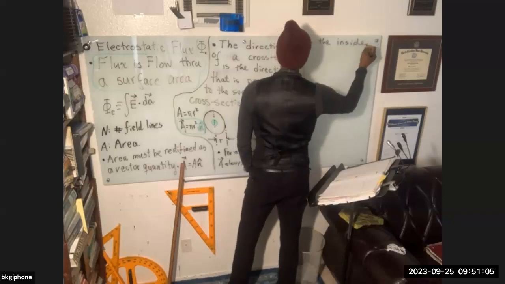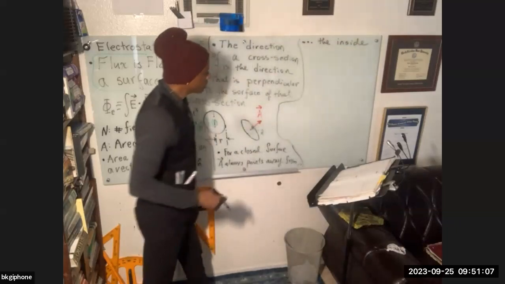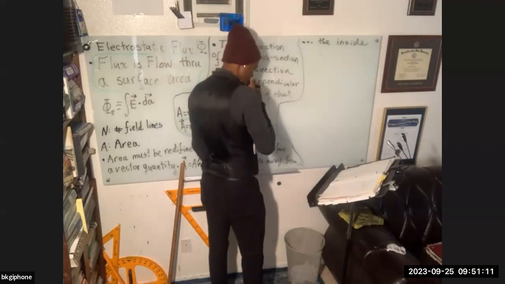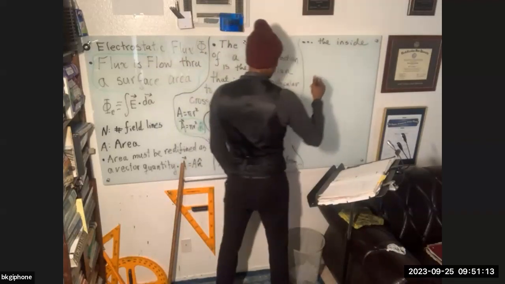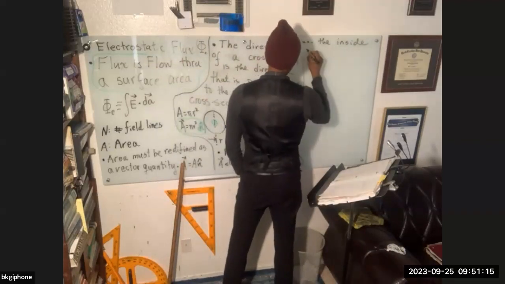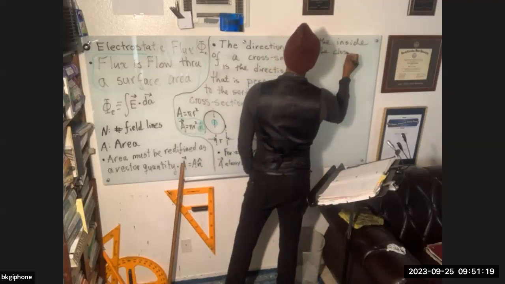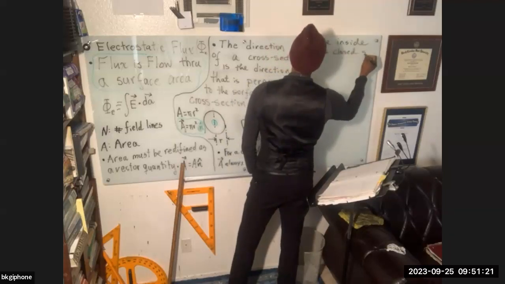It doesn't necessarily have to be the center. It's only going to be the center if you have high symmetry, but definitely from the inside of the closed surface. It points away from the inside of the closed surface.